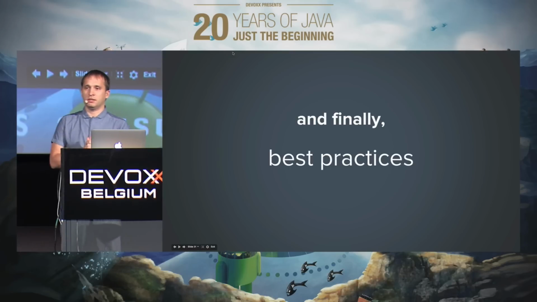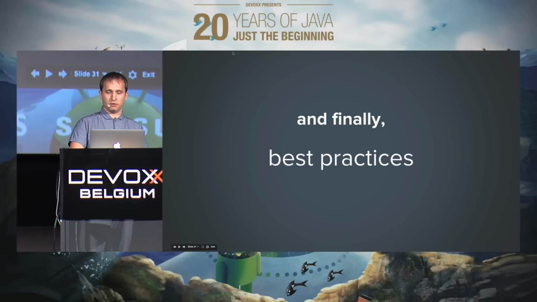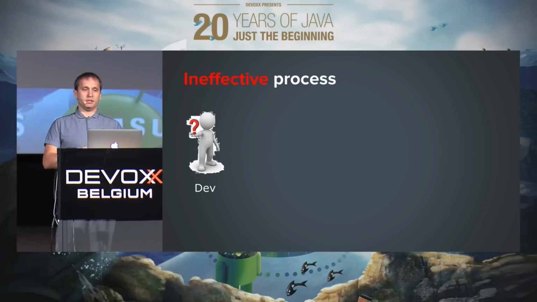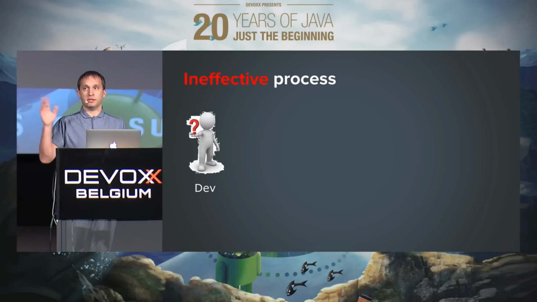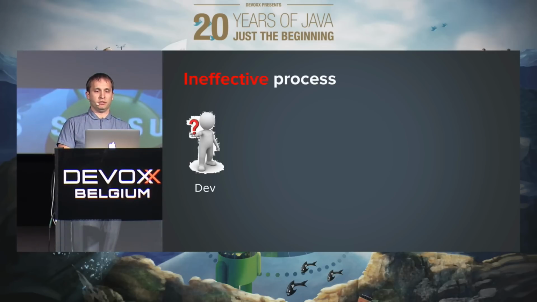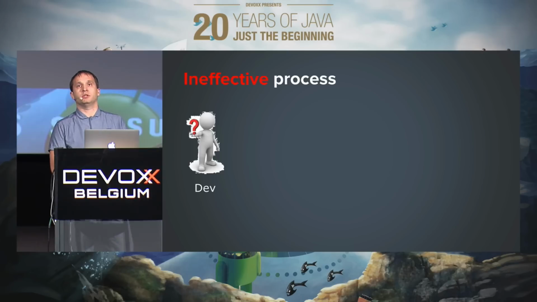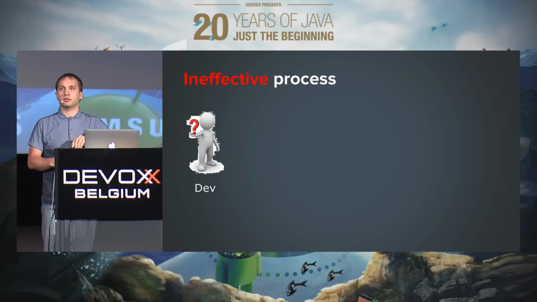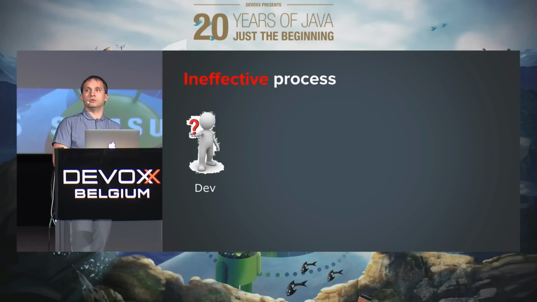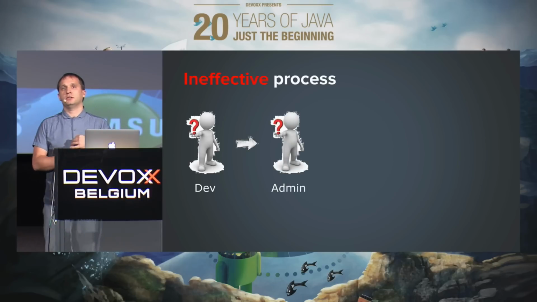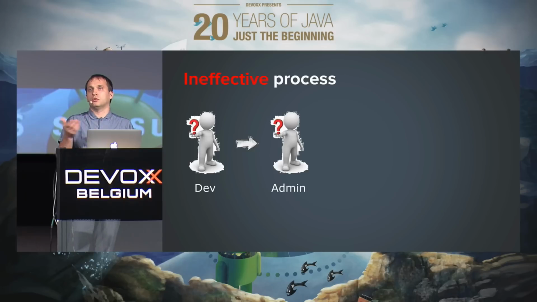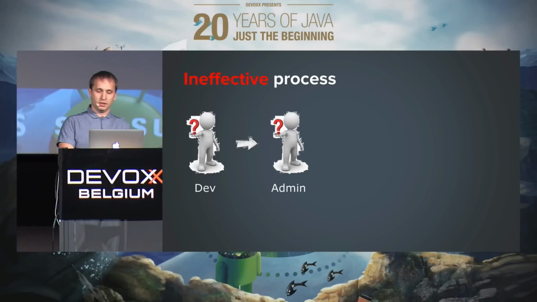So finally, some best practices, our best practices. In many companies, the process of developing and testing is pretty ineffective. When developers make changes, they cannot check right now that these changes are good and nothing is broken. They send an email to system administrators asking them to install the updates on some test server.